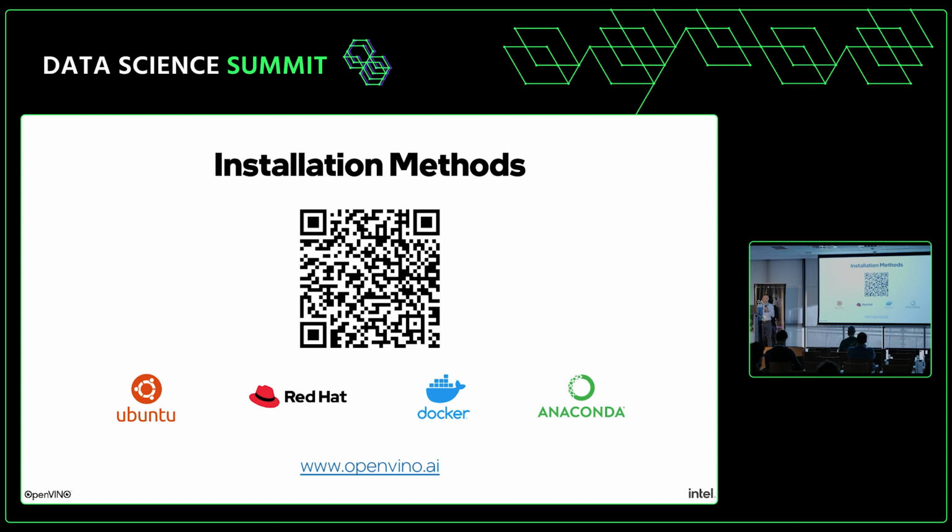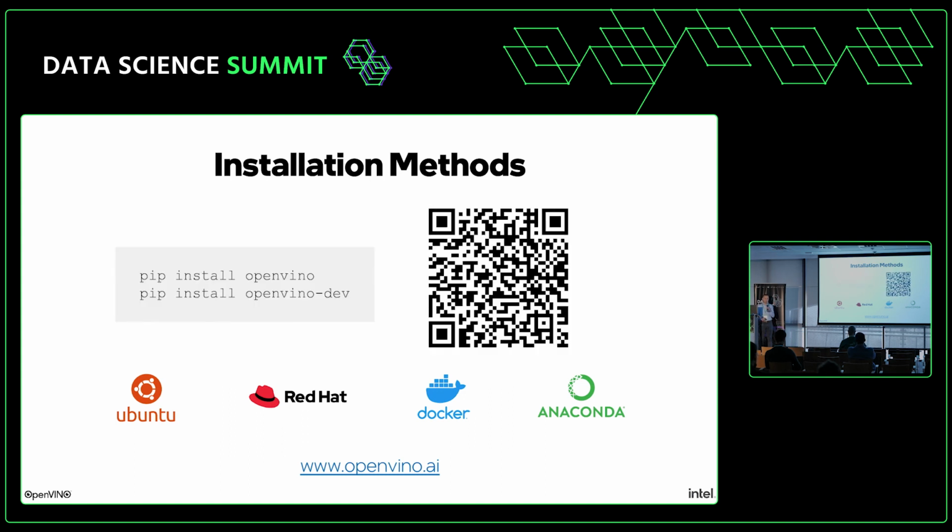But as I said, you can use apt from Ubuntu, you can use yum from Red Hat or Fedora, you can use Docker image or Anaconda. But most of you are Python developers, right? So probably for you, the easiest way to install OpenVINO is using pip. Pip install openvino and pip install openvino-dev for development package. So this was the first step, install OpenVINO.